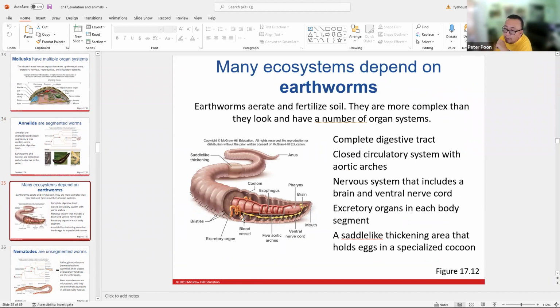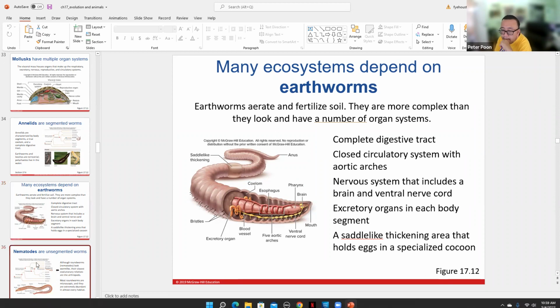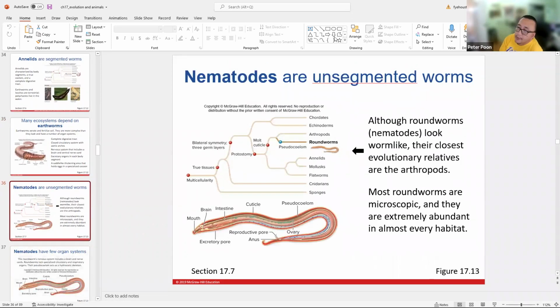So again, with earthworms, you start to see a really complex individual. It has a brain, it has a nervous system, it has hearts, it has a digestive tract, etc. So now the next group are unsegmented worms.